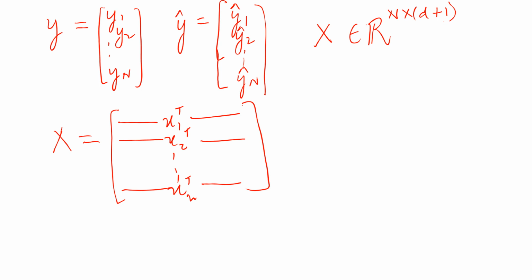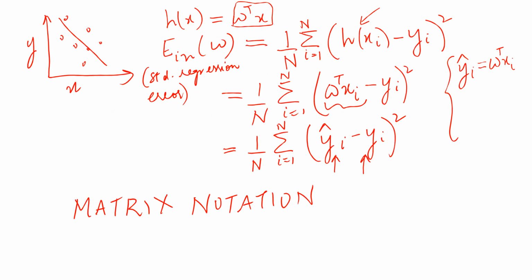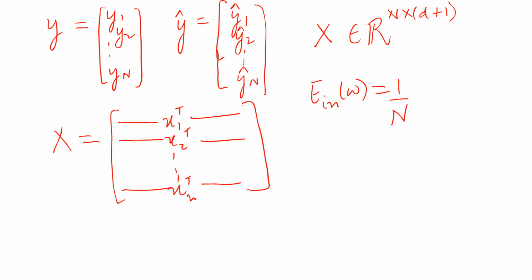Now, if we look at the mean squared error, or E in, that we calculated earlier, I can replace a lot of values here with these new definitions. This is the equation I'm talking about, and I'm simply replacing by these new definitions.